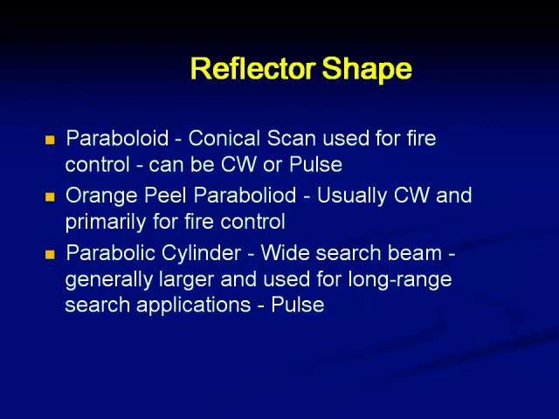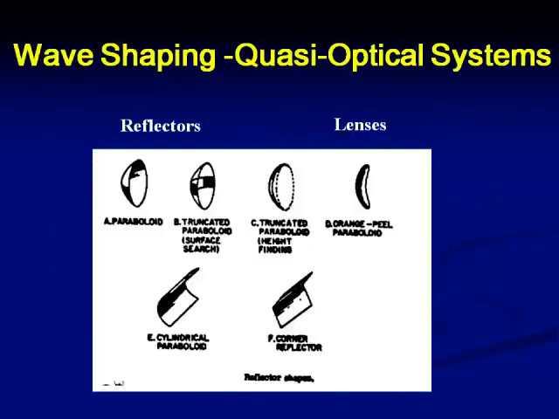It is used normally with CW fire control systems. There is another option available made up of parabolic cylinder. This is for wide set beams and for long range applications. Different parabolic antennas are as shown.